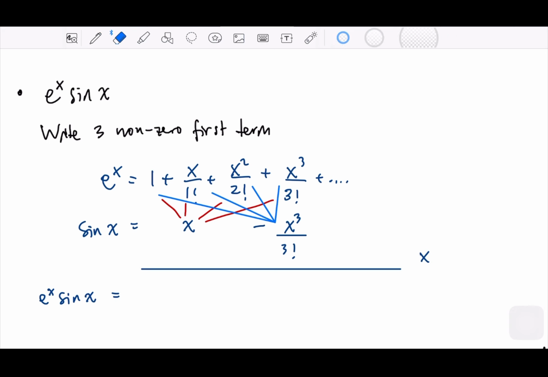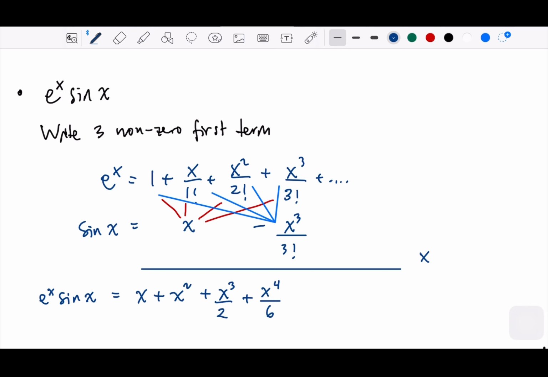So this will be x plus x squared, right? X plus x squared plus x cubed over 2. I'm still on the red line. X cubed over 2 plus x to the power of 4 over 6, right?